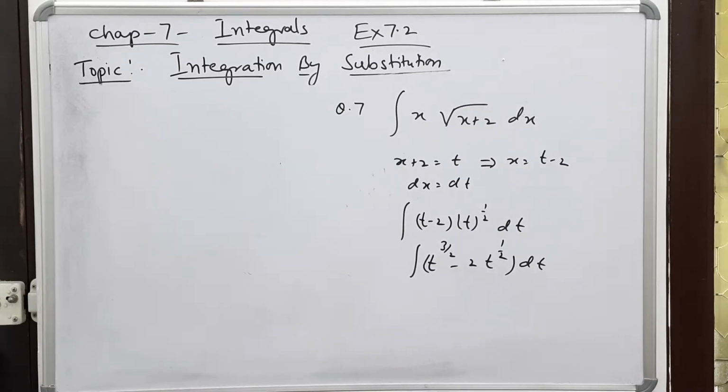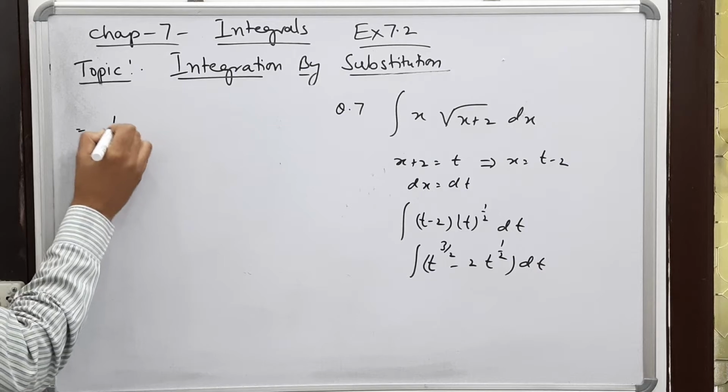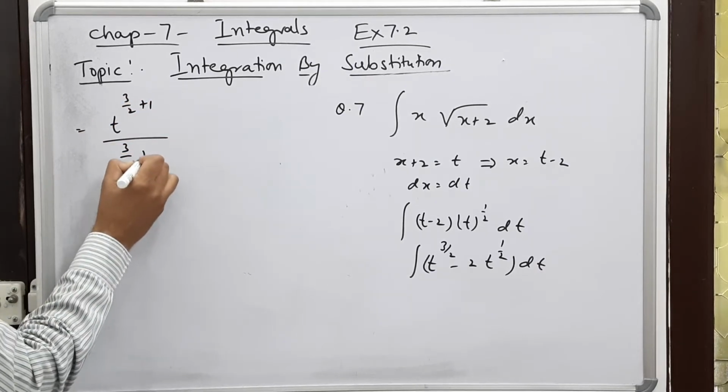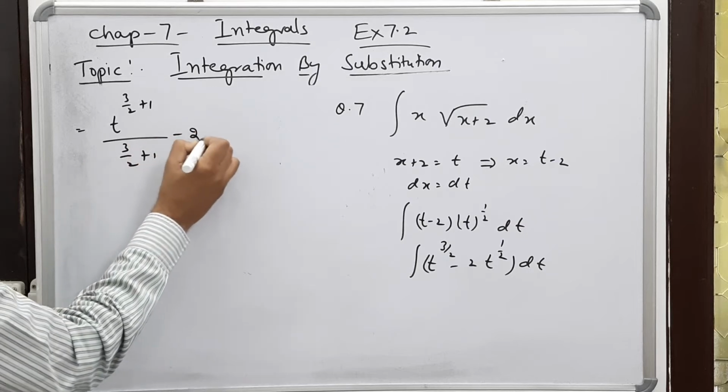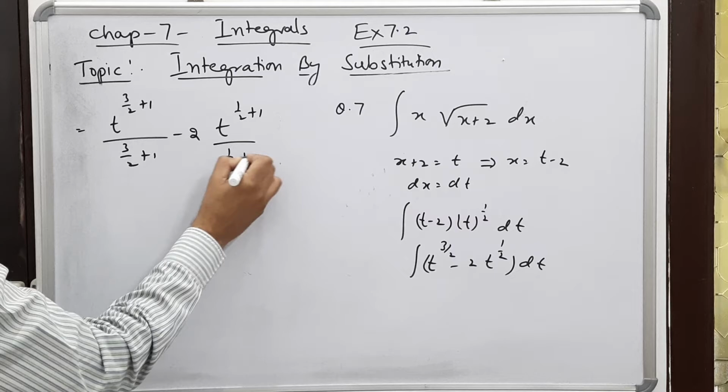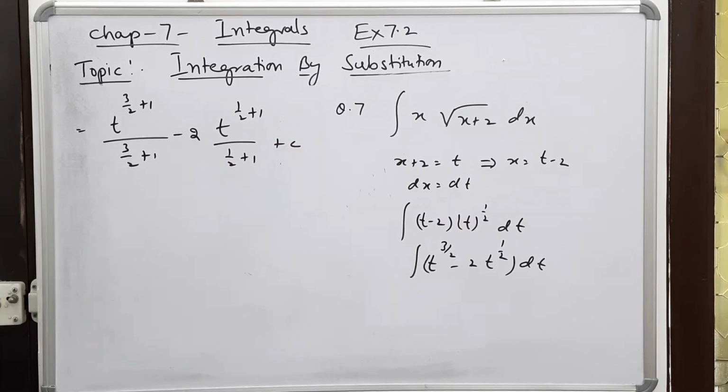The integration of t power 3 by 2 is t power 3 by 2 plus 1 and 3 by 2 plus 1, minus 2 times t power half plus 1 over half plus 1, plus c.